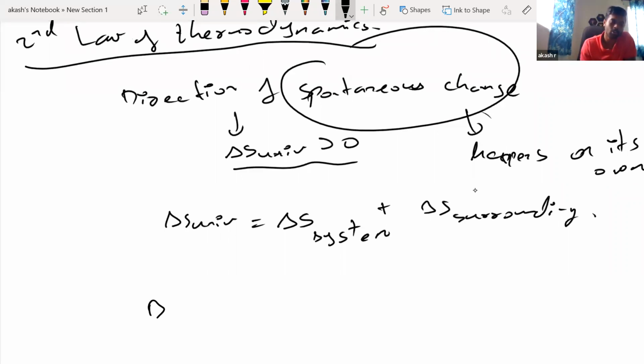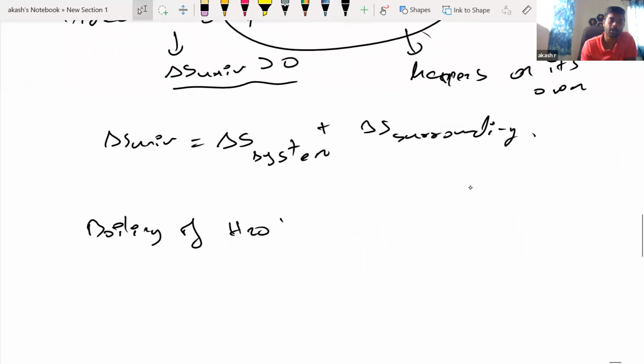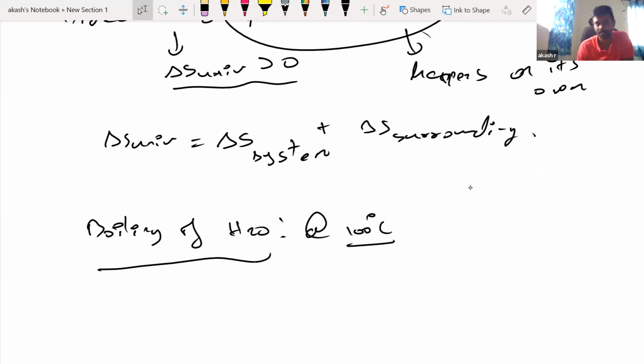When I go for boiling of water, we'll check whether it's going to work or not. When I take boiling of water, this happens at 100 degrees Celsius, or 373 Kelvin. And it is a spontaneous process, isn't it? At 100 degrees Celsius, we're not doing anything.